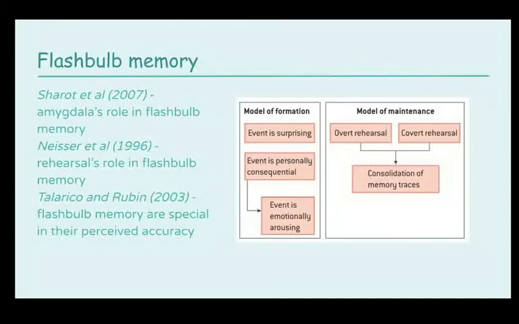However, flashbulb memory in some ways is still very special because the people who have these flashbulb memories believe that they are very special. Because they're emotionally affected by it, they believe that they remember the memory accurately even though they don't.